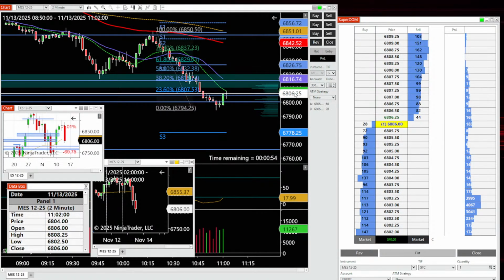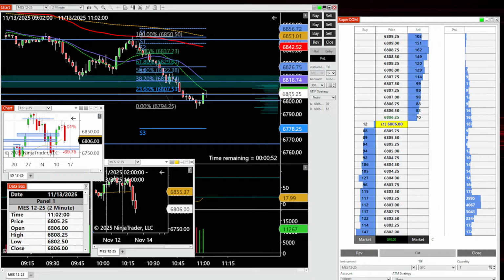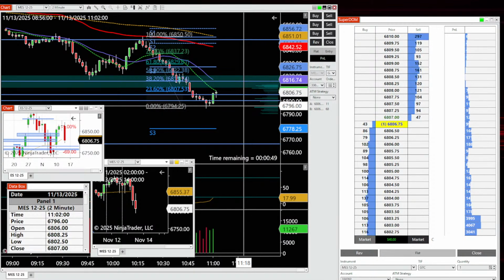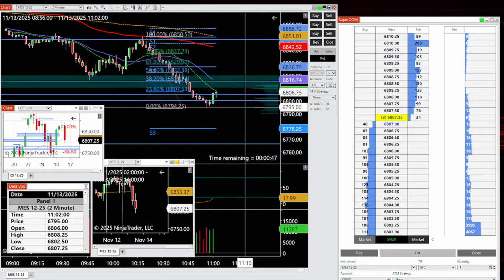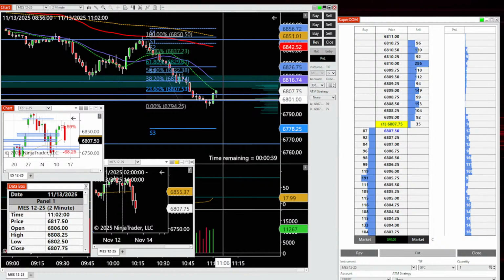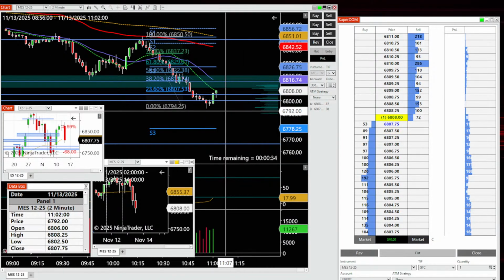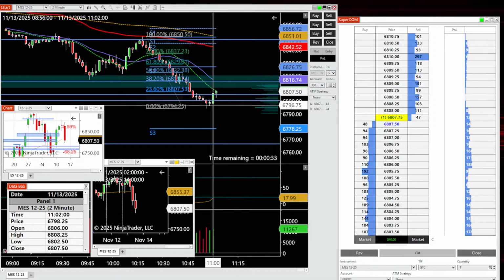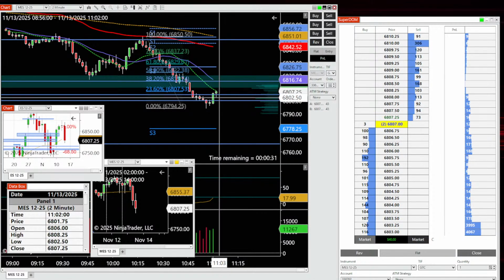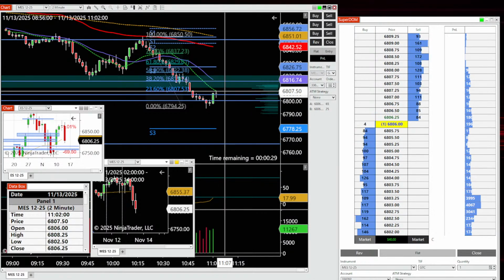Making higher lows. Is the trend reversal happening? If a trend reversal is happening, I want to see a pullback and then a continuation. If this is the first move, I don't want to be in the first move.